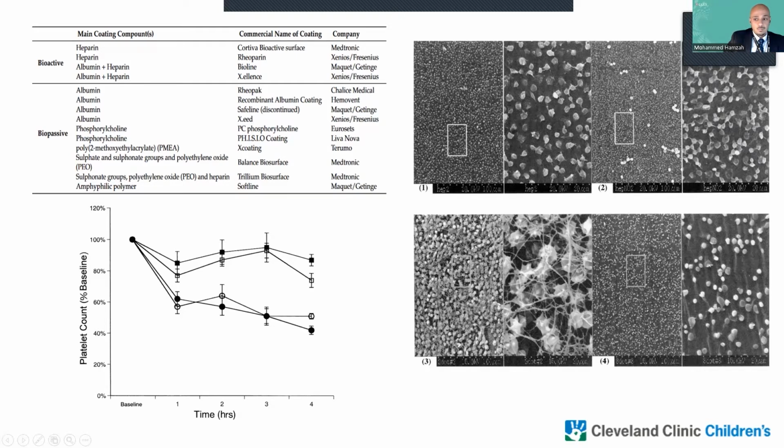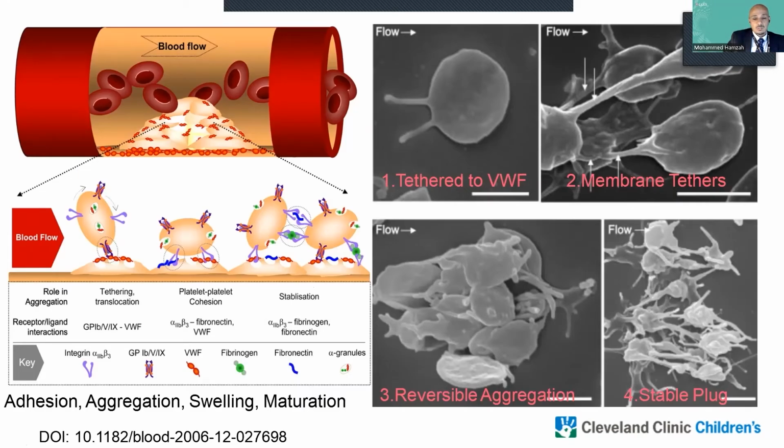So in order to go to the basics of hemostasis. The first step of hemostasis is the platelet plug formation, and it involves 4 steps: adhesion, aggregation, swelling, and maturation. The first step of thrombosis or clot formation is the platelet plug formation.